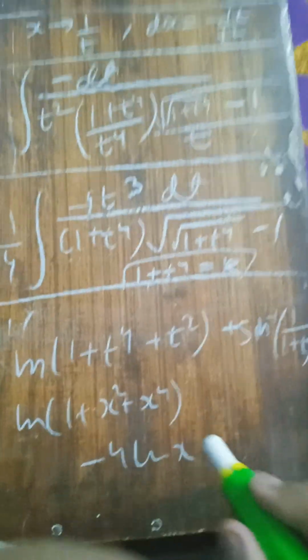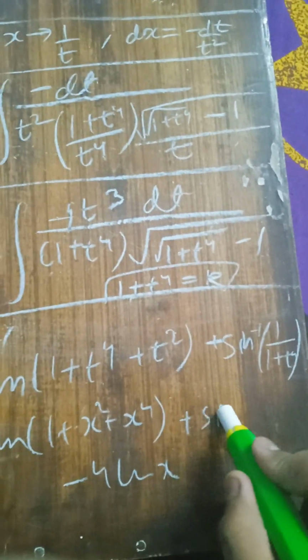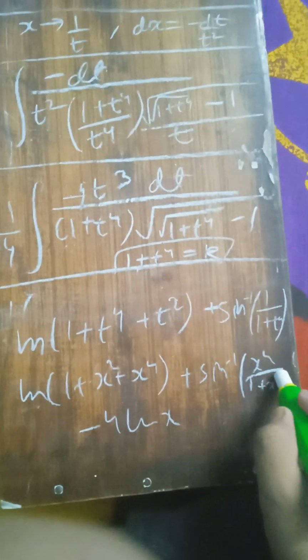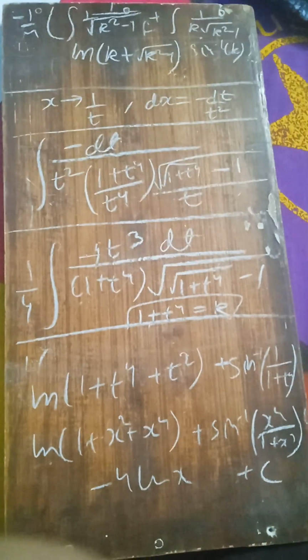I hope you understand how I got this. Plus sine inverse x^4 by 1 plus x^4. I believe this is the final answer. I haven't checked it, but I think this is the way.